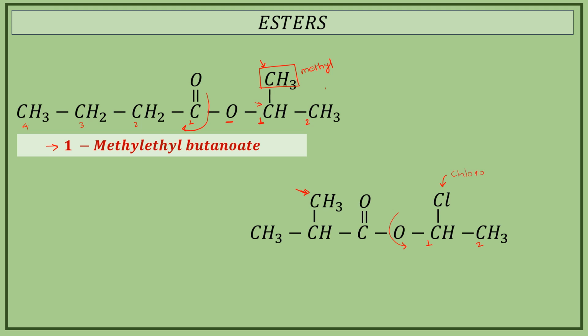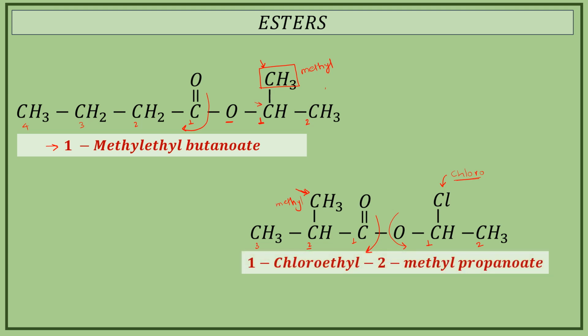We know its IUPAC name as chloro. We will start numbering from this carbon atom here, 1, 2 and 3. On the second position of this chain, the substituent is methyl. Now you can yourself figure out the entire name of this ester. It will be named as 1-chloroethyl 2-methylpropanoate.